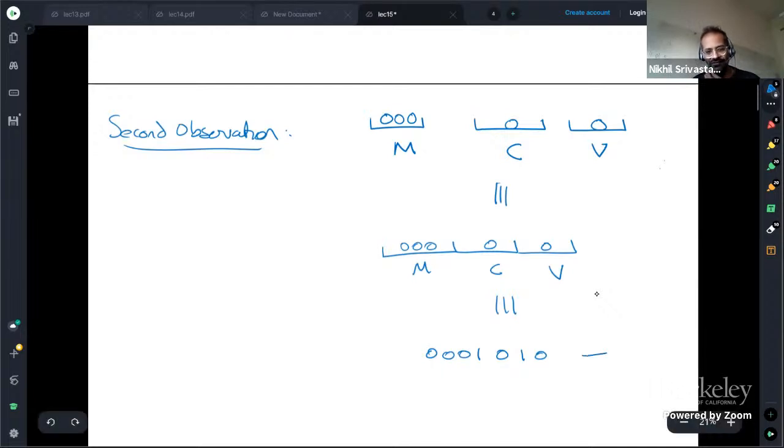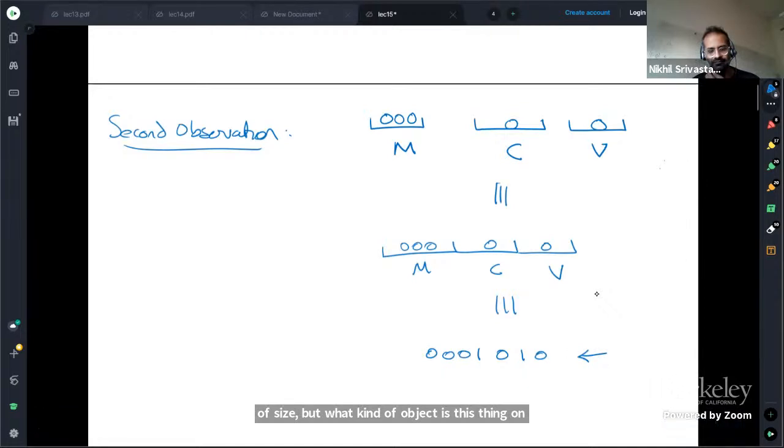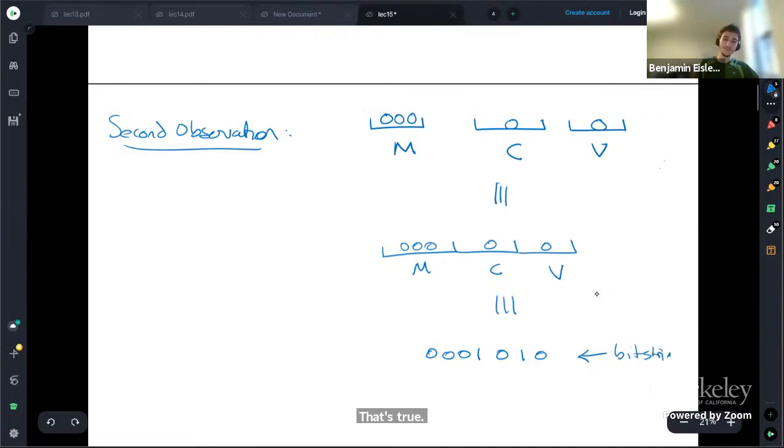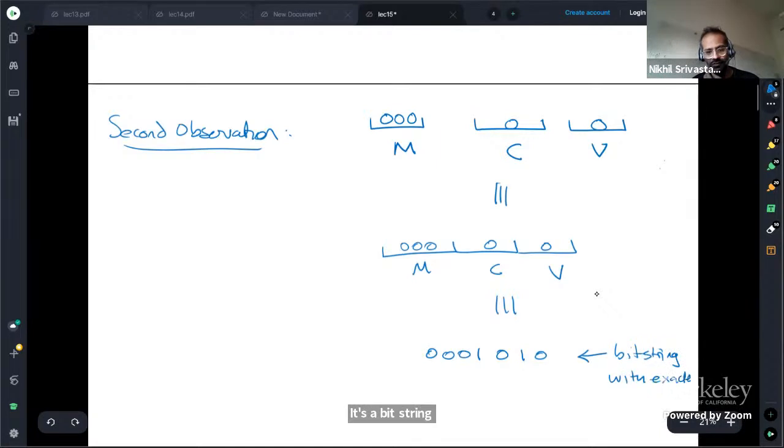But what kind of object is this thing on the bottom? It's a bit string with exactly 2 ones.